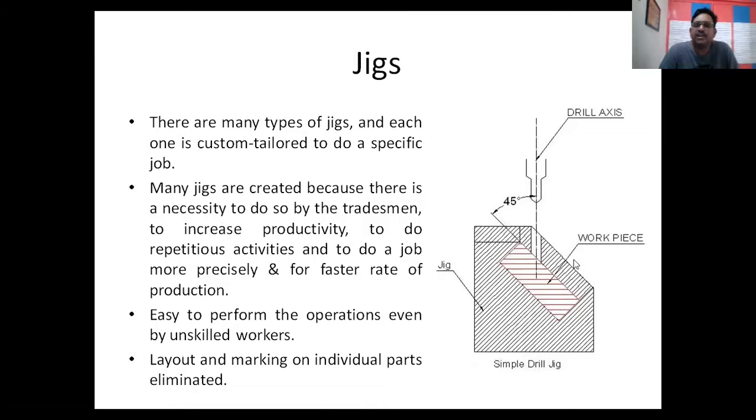So it's very difficult for us to do all these things. So with jigs, definitely the rate of production will be increased and the precision will be more, and we can produce at a faster rate. All these things are possible.